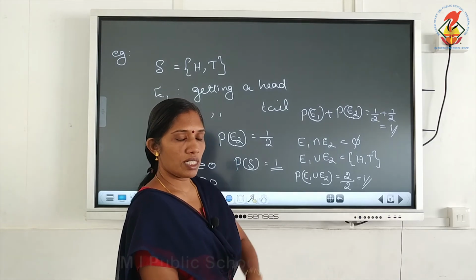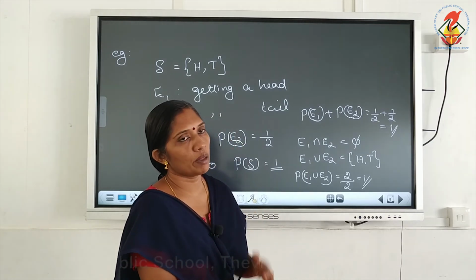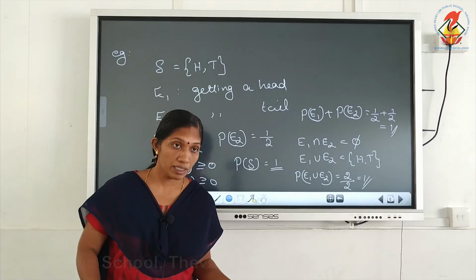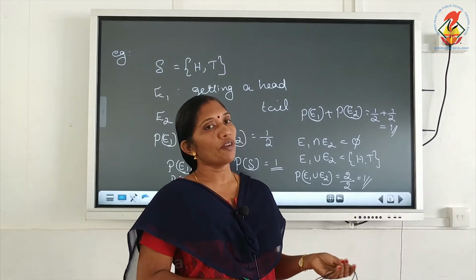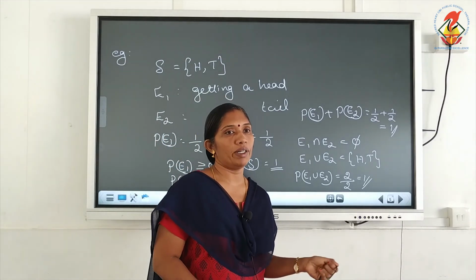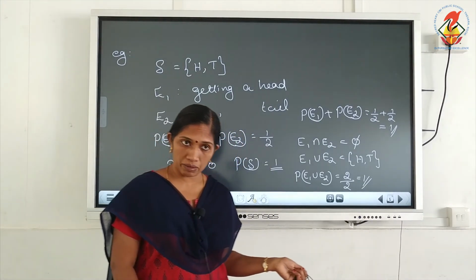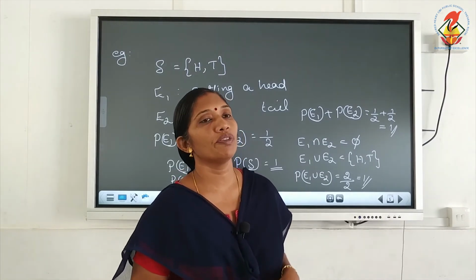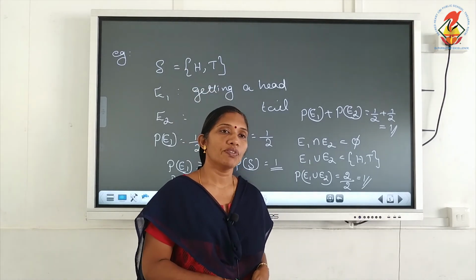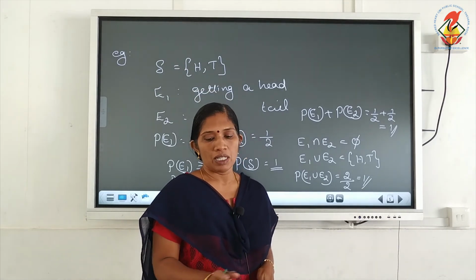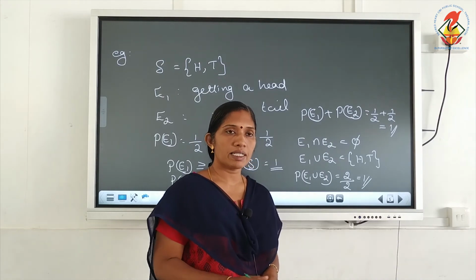Okay. So you just have to remember which are the axioms. The probability of an event is always greater than or equal to 0. Probability of the sample space is equal to 1. Then if E and F are mutually exclusive events, then P of E union F is equal to P of E plus P of F. So there is a question in the exercise, the first question.